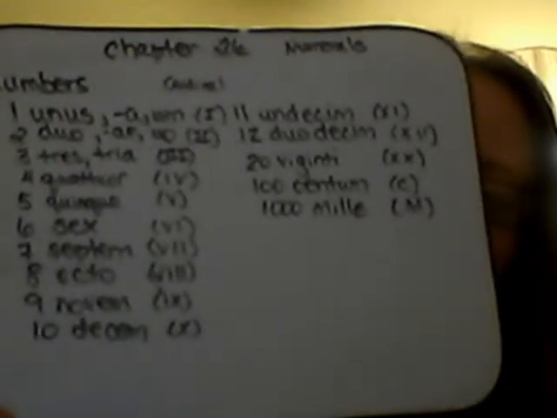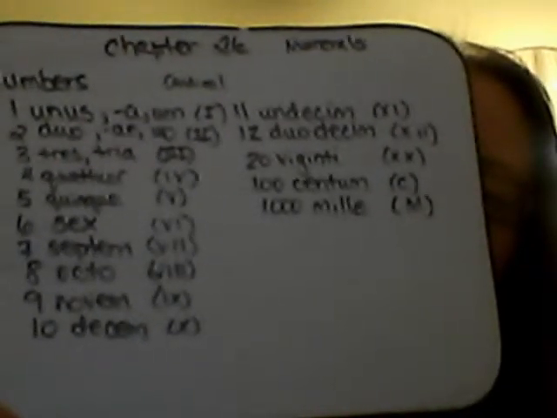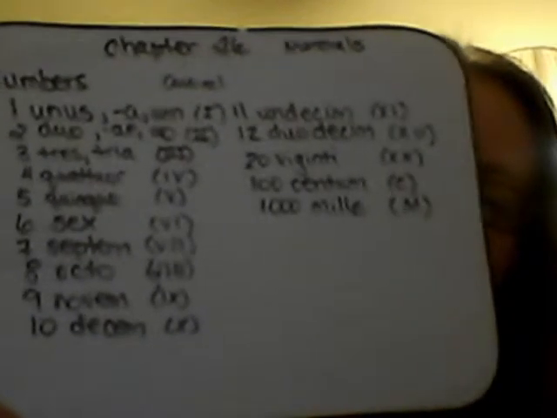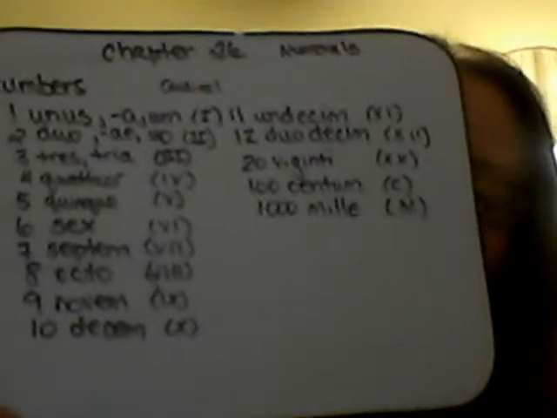Of course, the derivative is century. And number 1000 is mille, and the Roman numeral for mille is M, and for centum is C. And remember, C's are hard in Latin, so it's centum. I'm going to leave that up for a second for you to copy down.